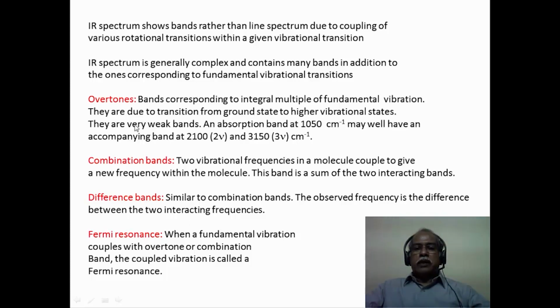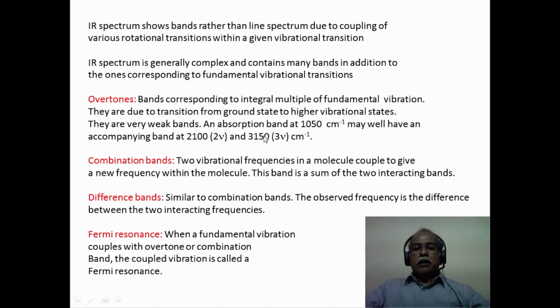Suppose there is a stretching absorption band at 1050 inverse centimeter. This may very well have accompanying much weaker bands, which are called the second harmonic and the third harmonic, occurring at multiples of the frequency of the primary fundamental vibration. 1050 is the fundamental vibration, so one can expect 2100 to be the second harmonic and 3150 the third harmonic.